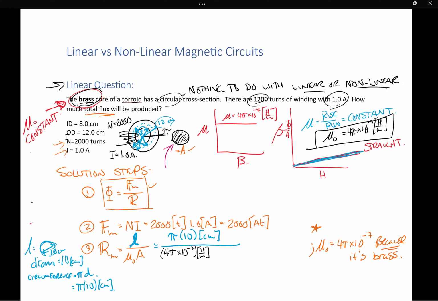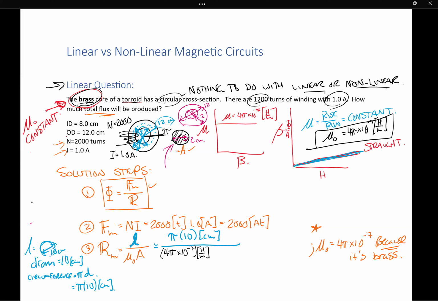And from my problem, if I were to look at this head on, this was 12. And in here is 8. Then there must have been 2 here, which means the diameter here is 2 centimeters.